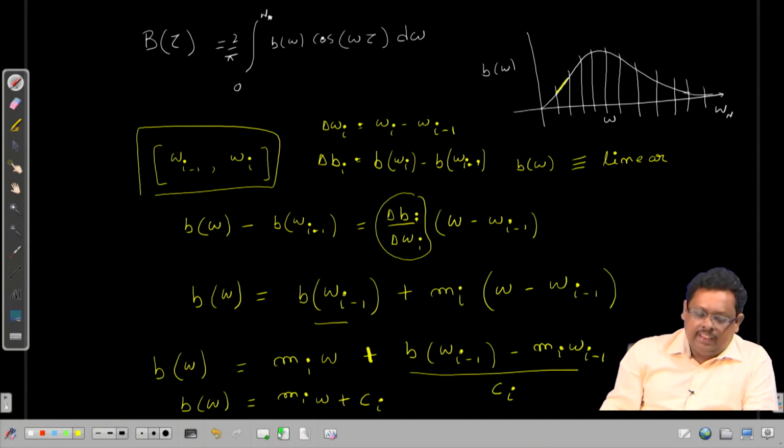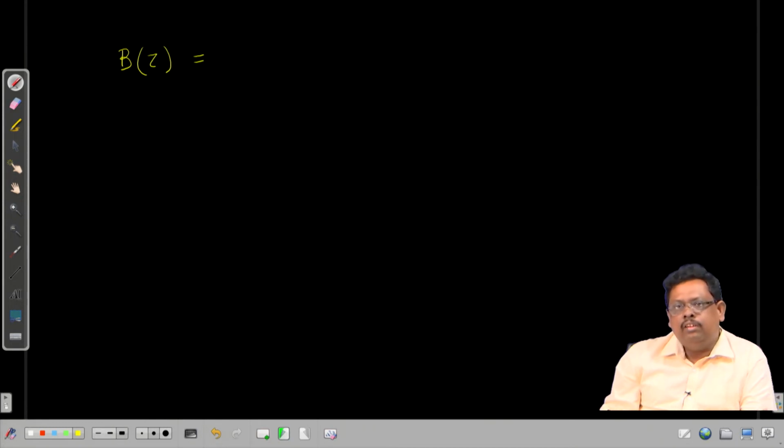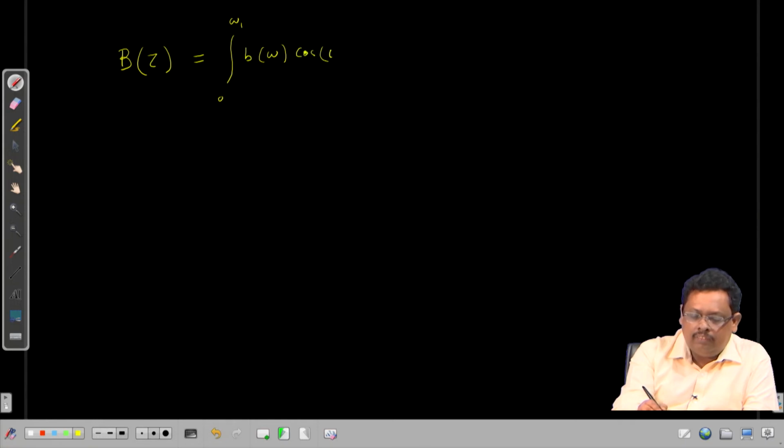Having said that, now what I do is I split this b(tau) into several intervals. I start with 0 to omega_1, and in each interval I perform this operation, integration of b(omega) cos(omega tau) d omega, with 2 by pi in the front.